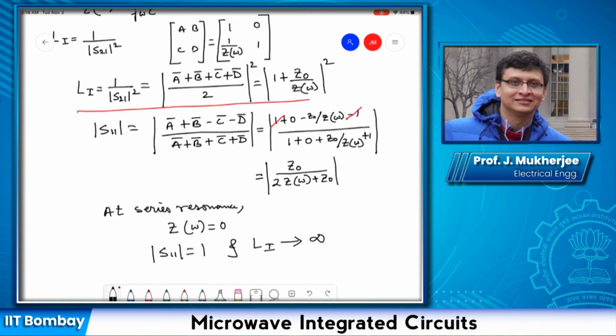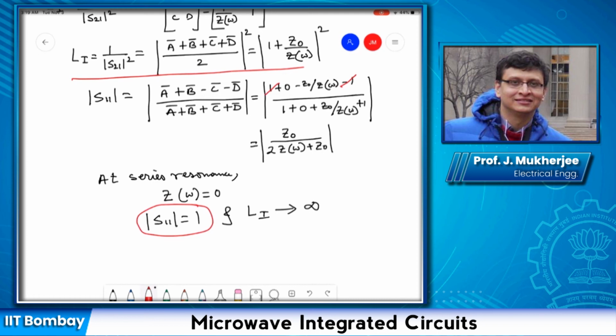So what it means is that at resonance, the input reflection coefficient becomes 1 and the insertion loss is infinite. That is, S21 magnitude is 0, which is what a band stop filter is, isn't it? That at resonance, it will stop the signal from flowing.